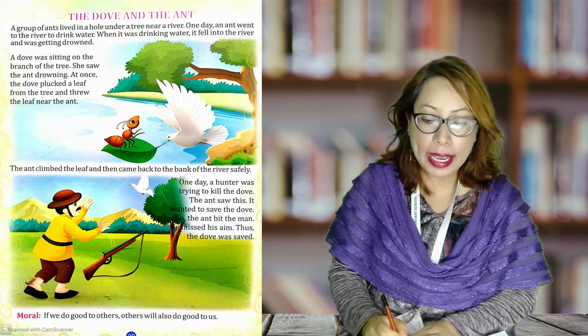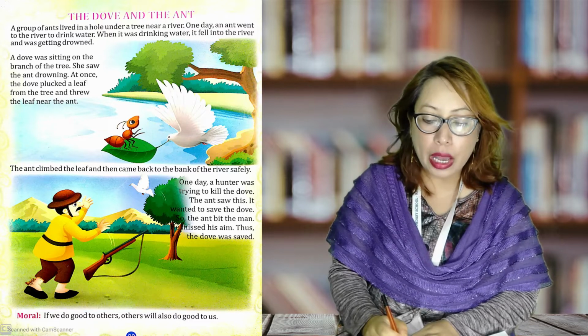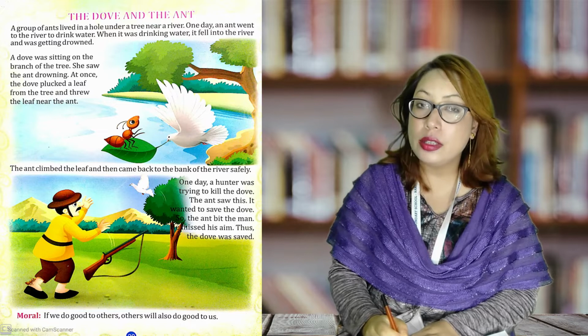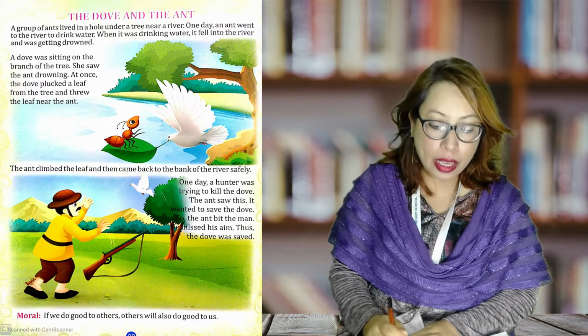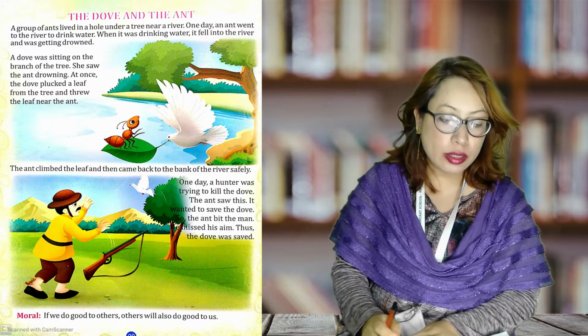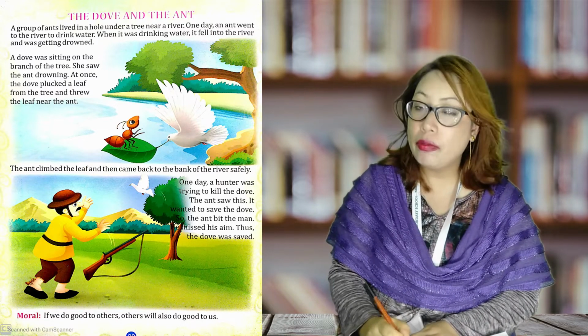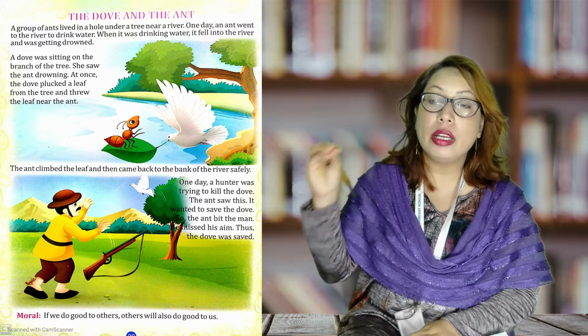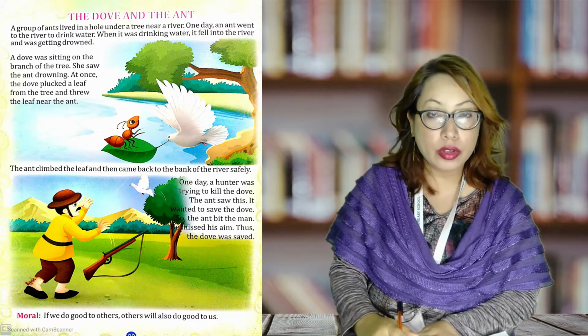A group of ants lived in a hole under a tree near a river. Now this sentence is what, students? It tells us about the when and where of the story, which is the setting which I have mentioned to you, right? Whenever you write a story, don't just directly jump into the action part of the story.